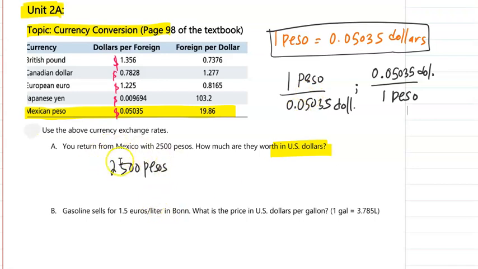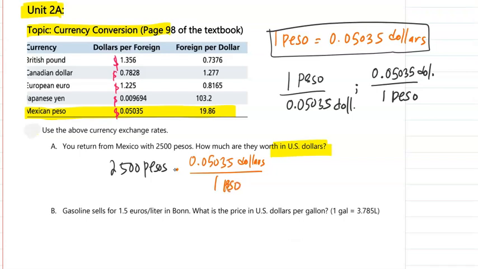Now to change this peso to the dollar, you have to multiply by one of these fractions. To change to the dollar, I want the peso to be cancelled. So I multiply this 2500 peso by 0.05035 dollar divided by 1 peso.